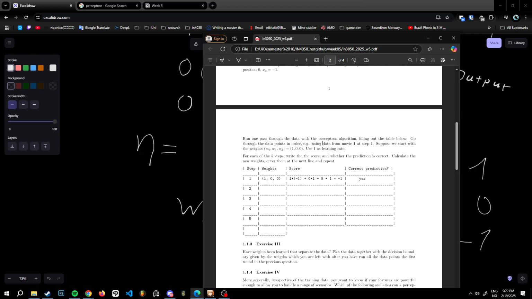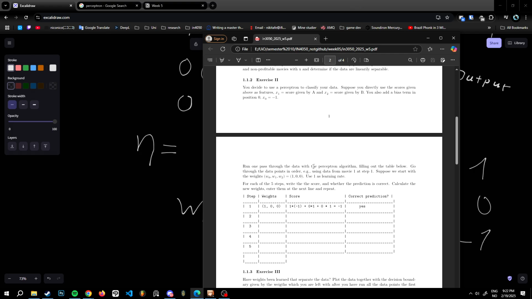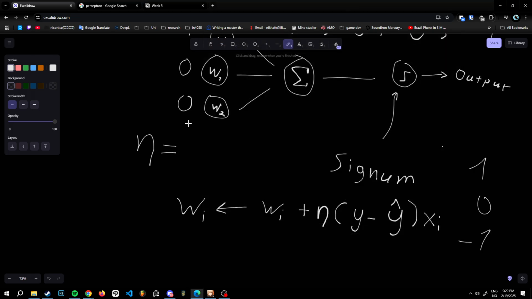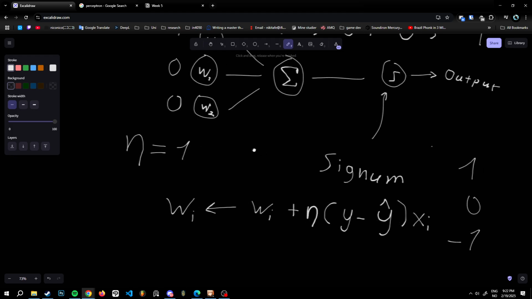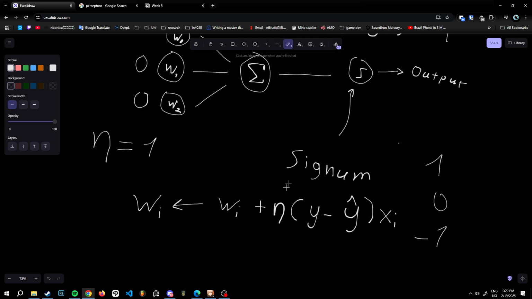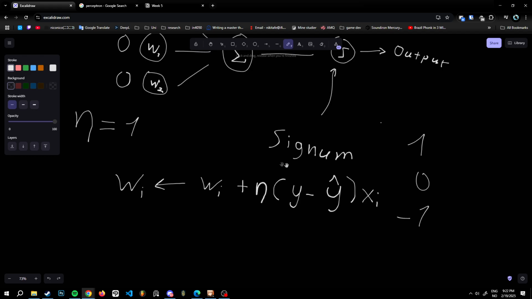You yourself can choose the learning rate in the perceptron. In this example, they clearly specify that you use 1 as the learning rate. So what will happen if we use 1 as learning rate? We will come to that. So here's our 1.